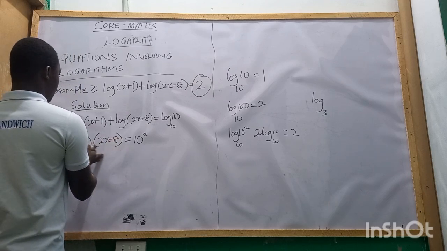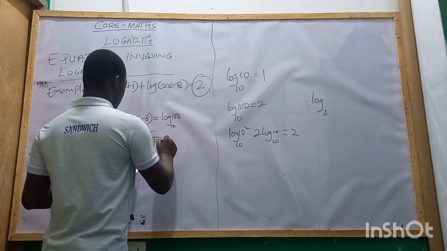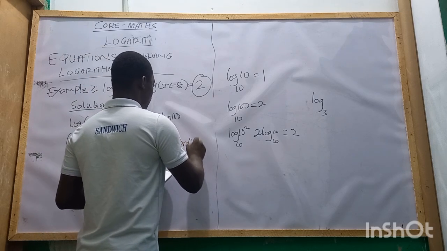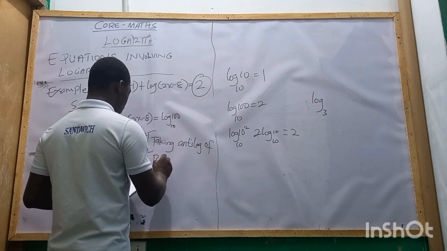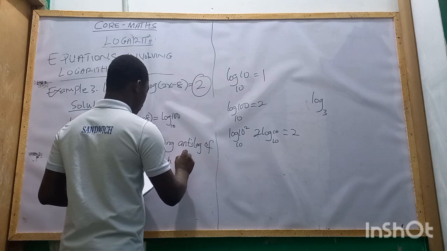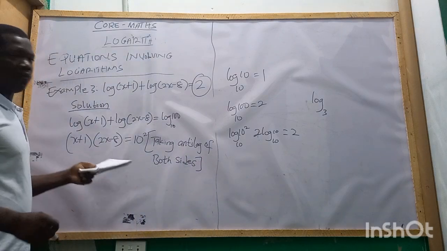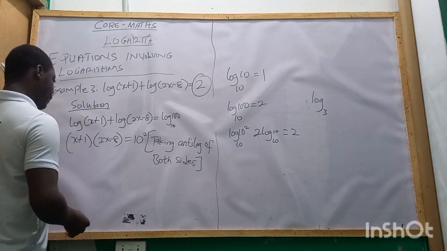So now I'll take antilog of what? Both sides. So now let me expand and what? Simplify.